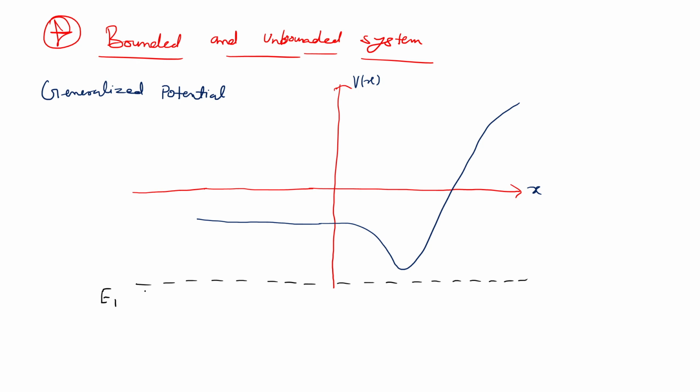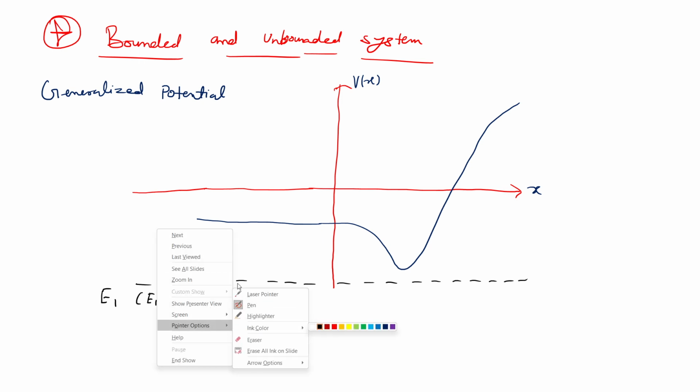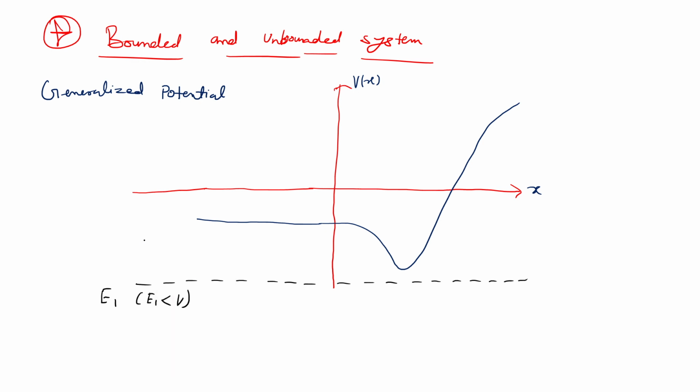E1 energy level. So E1 is particularly here, you see this remains less than the potential V in all the cases. Okay, the value we have not decided, it could be anything. So just numerically you can write, but not necessary. Suppose I take another energy level, and I can keep the same.